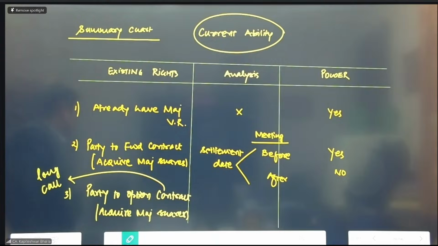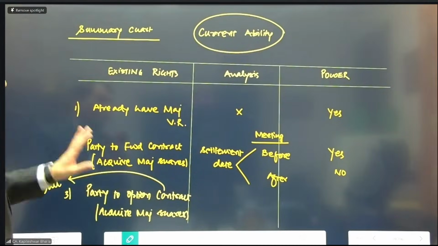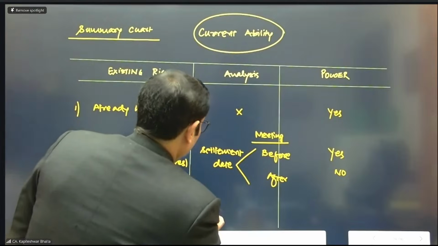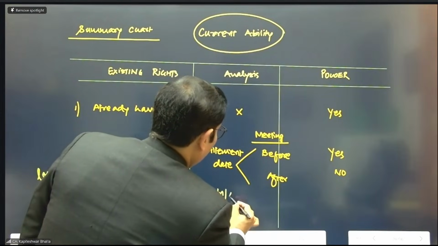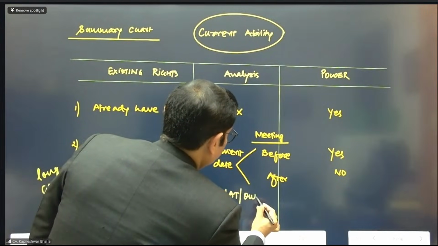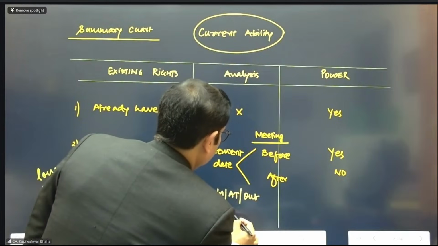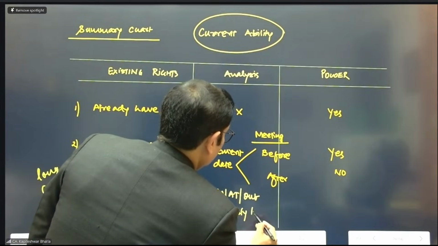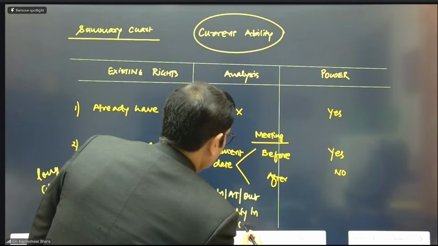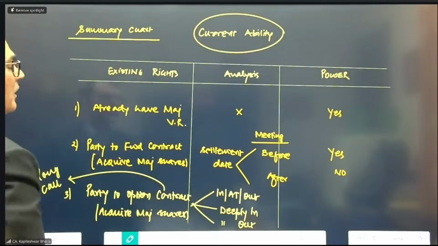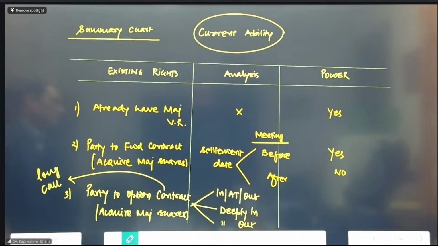Now let's put the inputs back to you. When you're a party to an option contract to acquire majority shares, first I will see whether it is in, at, or out of the money, or deeply in, or deeply out. If it is in, at, or out, can I say it is subjective?